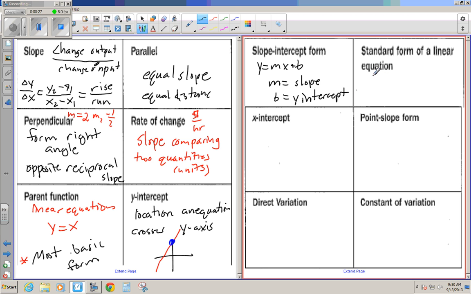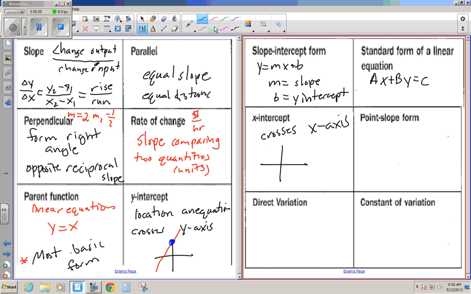Standard form should be in the form ax plus by equals c. And this is important to know. This is another easy way of graphing if you know how to graph intercepts. So that's just what it looks like. The x-intercept is the same. It's the location of an equation where it crosses the x-axis.